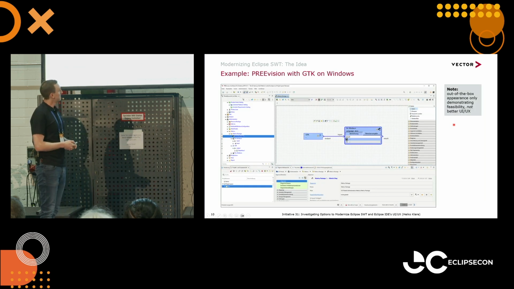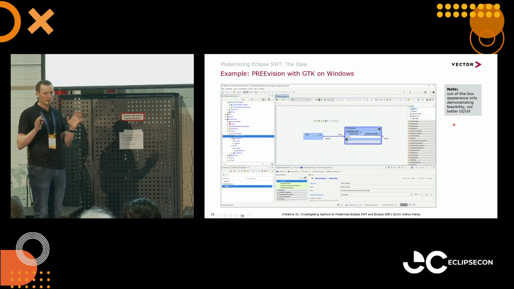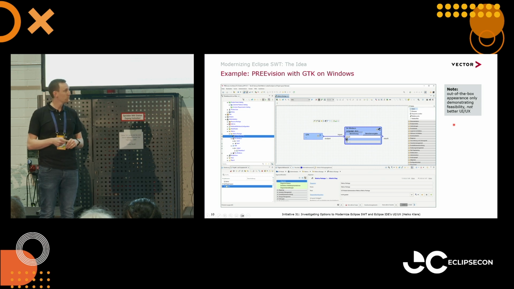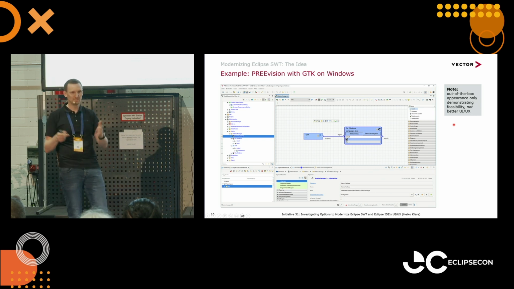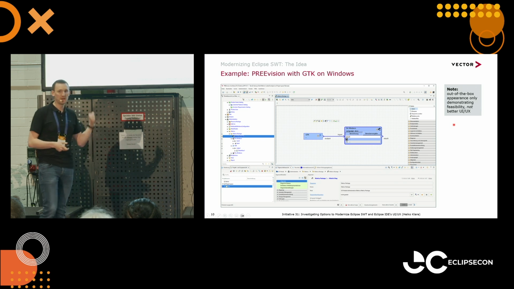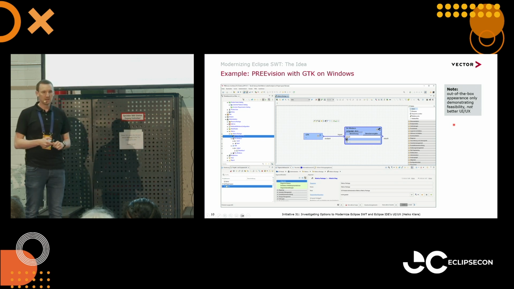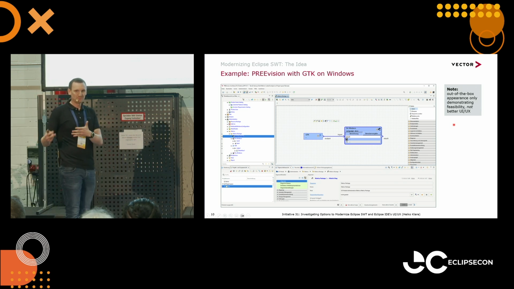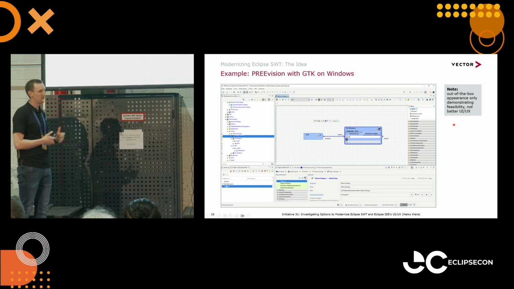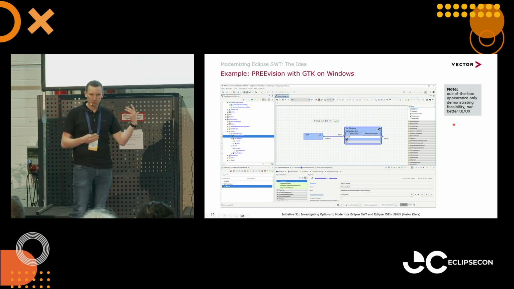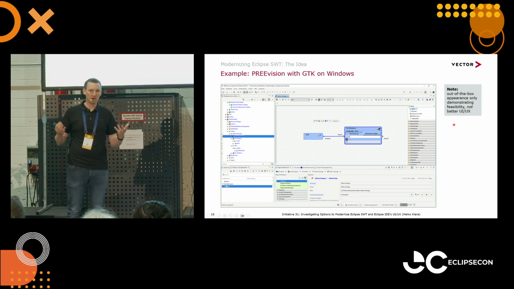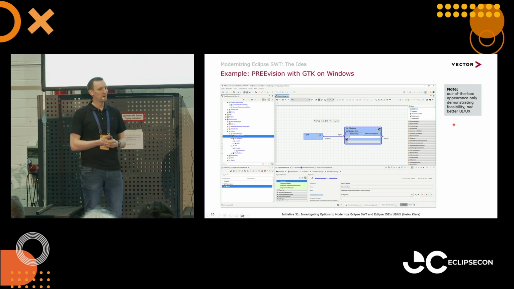But I tried, and I only had, I think, 4 or 5 places of code where we used font-specific customization on Windows that I had to remove, and then the application started. So even for operating system-specific applications right now, you could move to GTK, which was really impressive to see. Of course, we have some other Windows-specific stuff integrated that we currently could not use on GTK, but the overall UI is working pretty well.